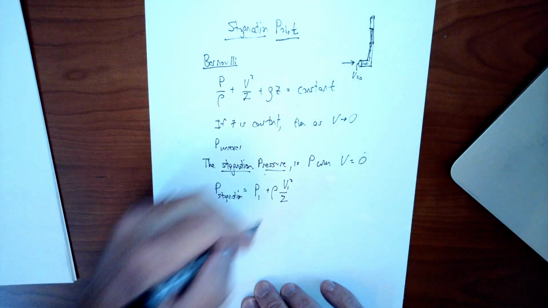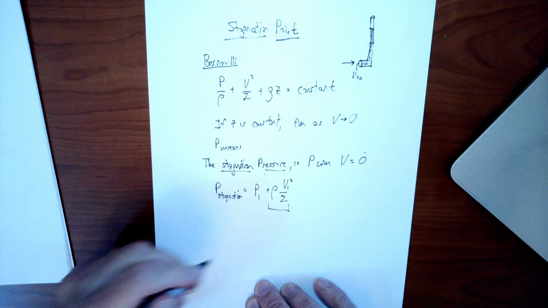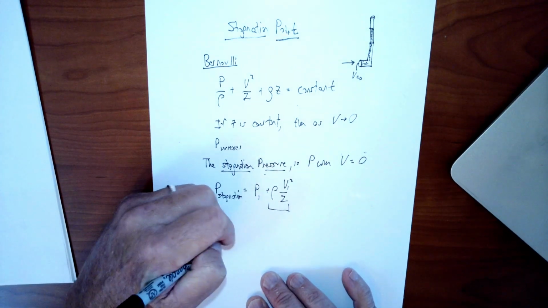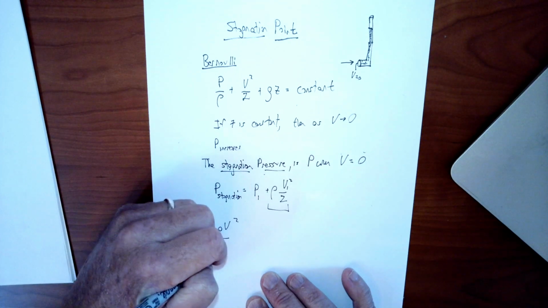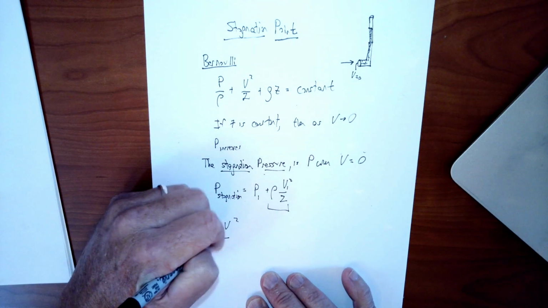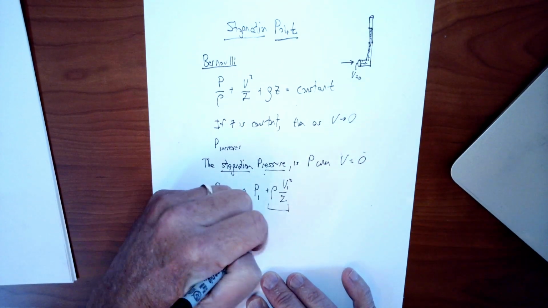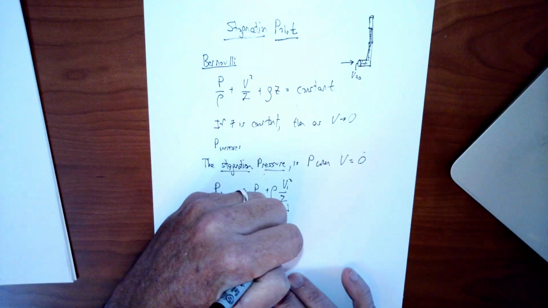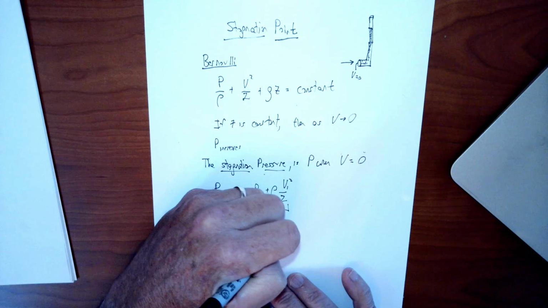So this term here, because it has units of pressure, is called the dynamic pressure. So that's rho V squared over 2, density times velocity squared over 2, called the dynamic pressure.